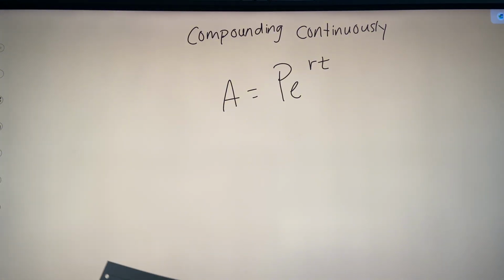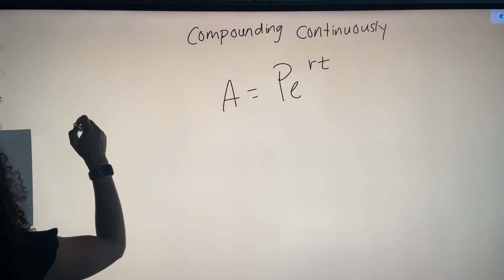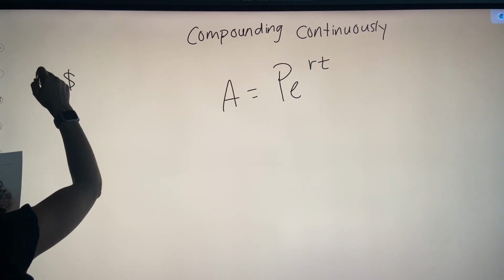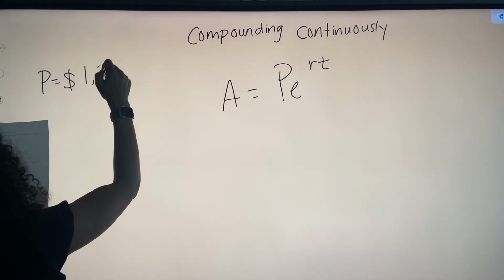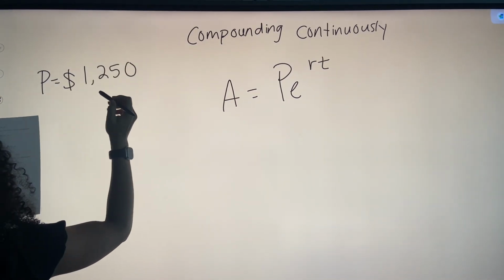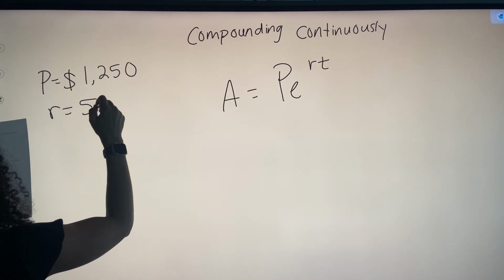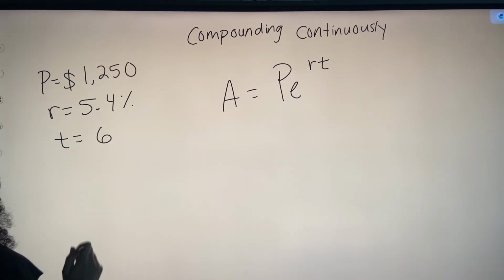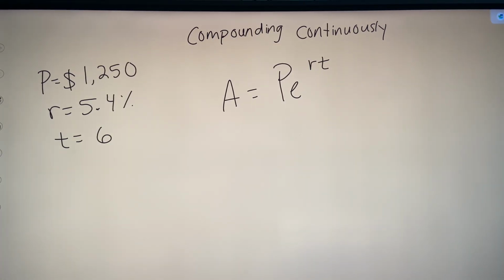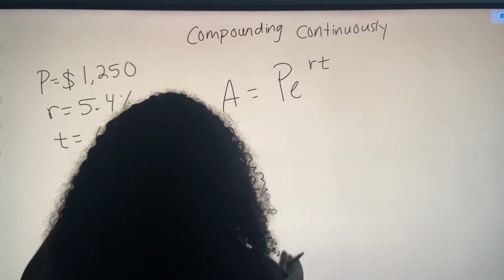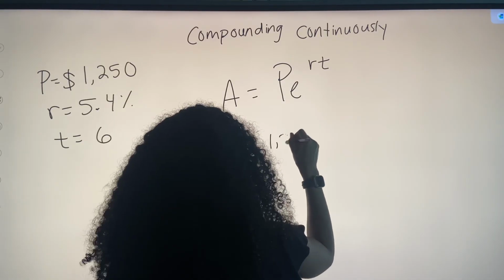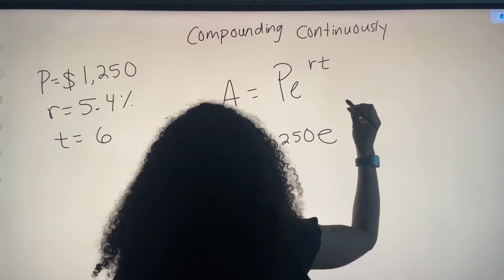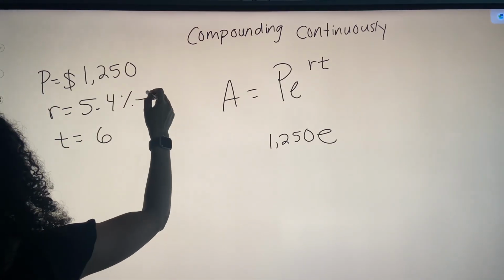So let's do an example where, let's say that you're starting with $1,250. Your rate is 5.4% and your time is 6. So we're starting our initial investment at $1,250. Your rate, you must change it to a decimal.